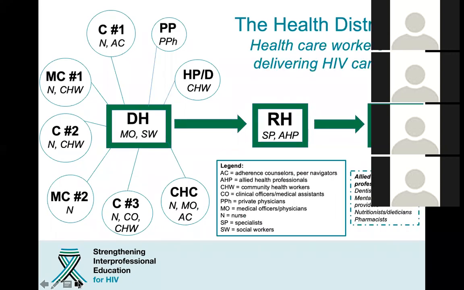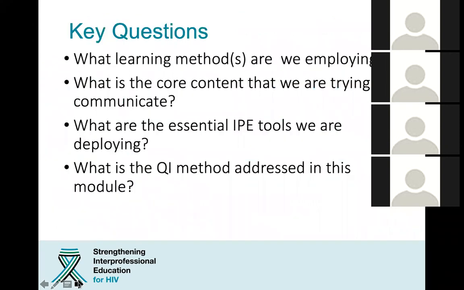And so we highlight here where different health professionals, particularly frontline HIV providers, sit within the healthcare system. I know that you as health educators understand this, but I think sometimes learners don't fully appreciate the complexity and the different dimensions of HIV service delivery. So these slides afford them an opportunity to understand that.